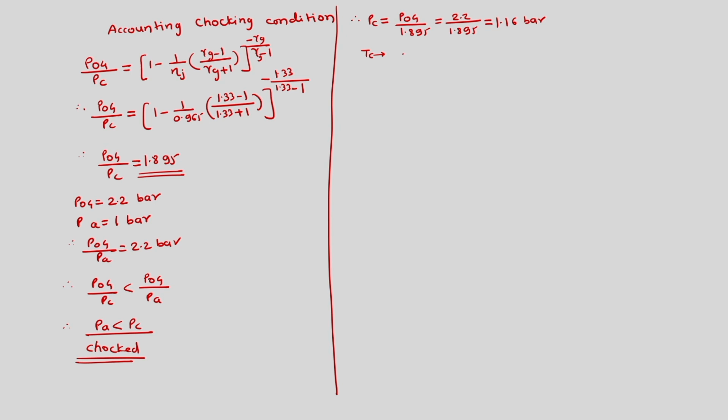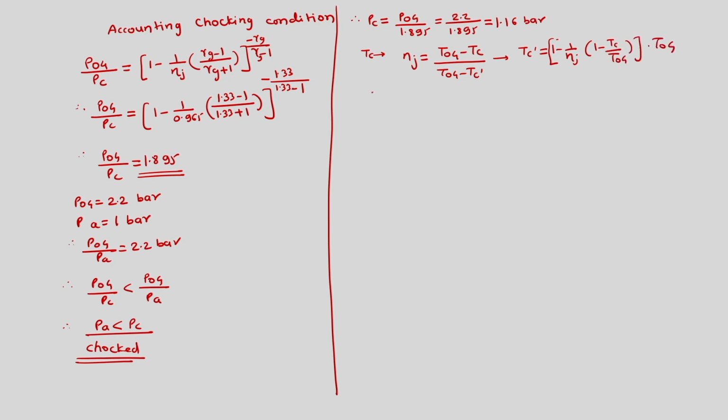but this should be dependent upon nozzle efficiency, and we know nozzle efficiency is T04 minus Tc divided by T04 minus Tc dash. Here we can represent this as Tc dash is equal to T04 into 1 minus 1 upon nozzle efficiency into 1 minus Tc upon T04.